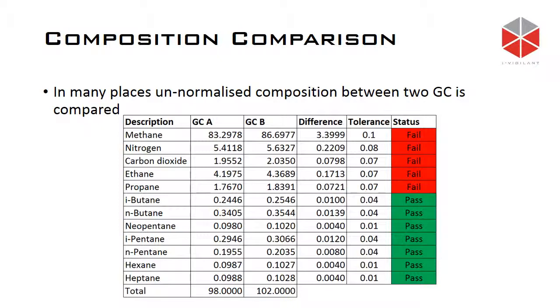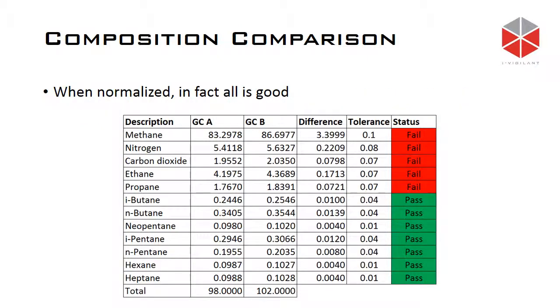Like in this case, it's exactly the same gas. You see that when we compare the composition between the two GCs unnormalized, the result fails. When we normalize it, the result is all good, because the difference is actually zero, because it's the same gas in this particular example.